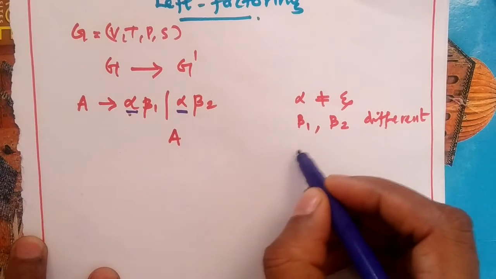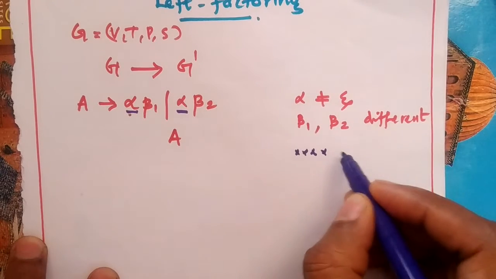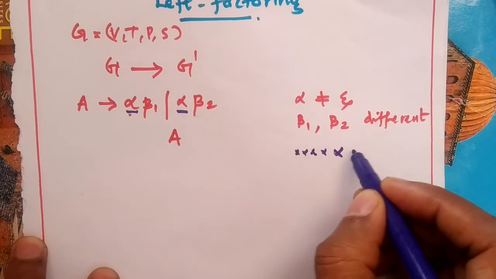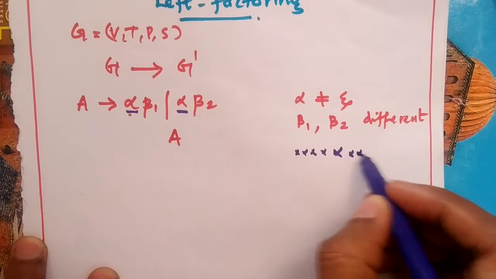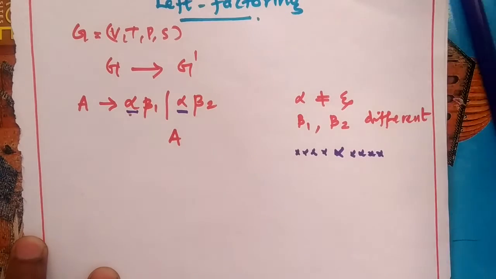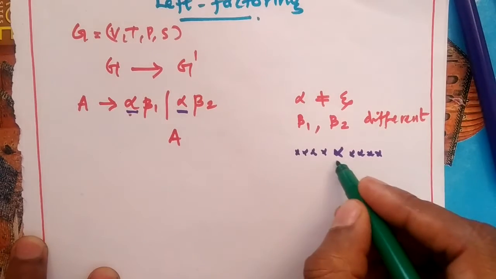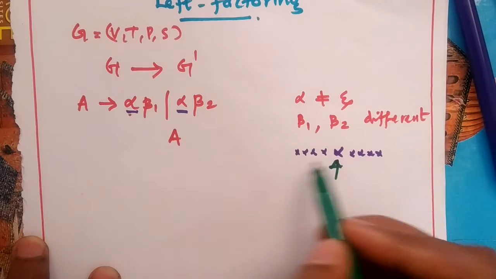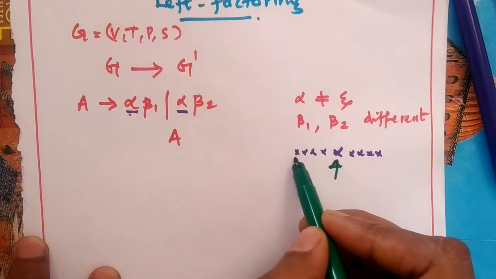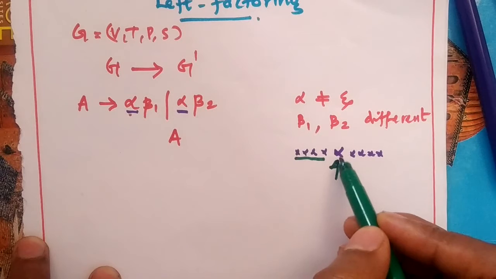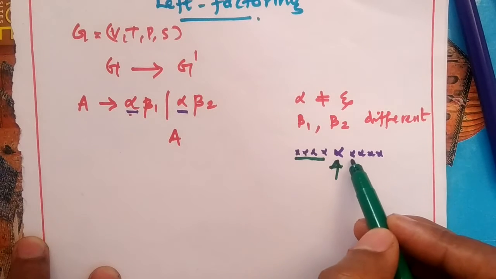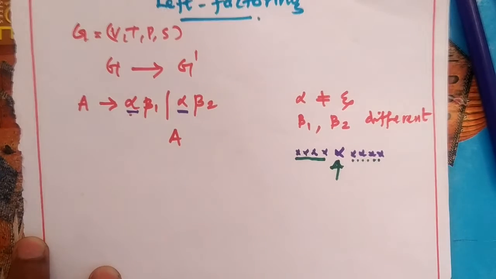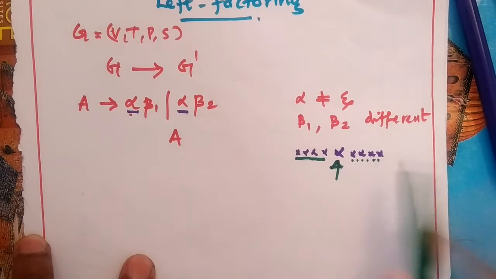For example, this is your input string, and your input pointer is pointing to alpha. So far these many symbols are processed, and the remaining symbols need to be processed. Assume that this is the input W.